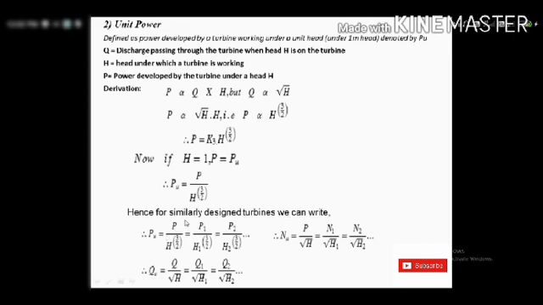Pu is equal to P divided by h raised to 3/2. आता हे नंबर ऑफ पॉवर म्हणजे किती पॉवर ऑब्टेन करायची आपल्याला, त्या पर्टिक्युलर पॉवरला P1 P2 P3 घ्यायचं, तरी त्यासाठी पर्टिक्युलर हेडची H1 H2 H3 आपल्याला भेटतील. And for this one the unit power value will be same. So we can write down, आपण वेगवेगळ्या पॉवर आणि हेडसाठी लिहू शकतो. P1 by H1 raised to 3/2 is equal to P2 by H2 raised to 3/2 is equal to and so on. Same for the Nu, same for the Qu. So write down these three formulae.